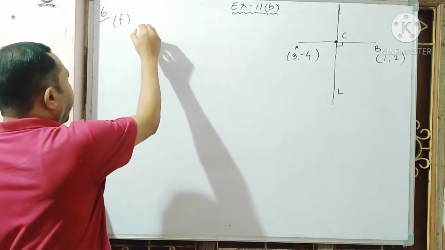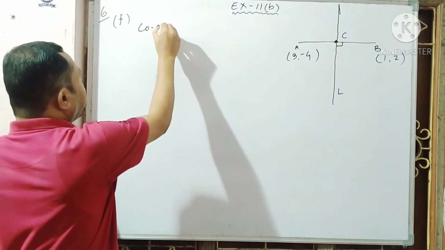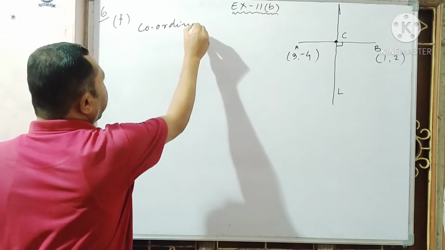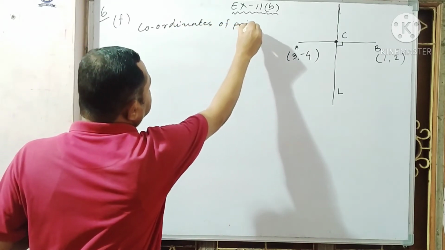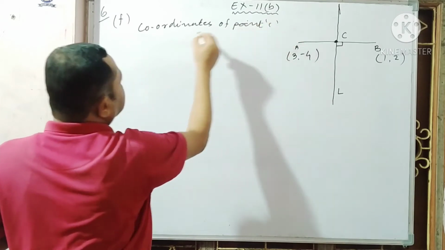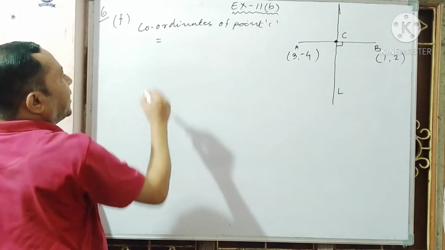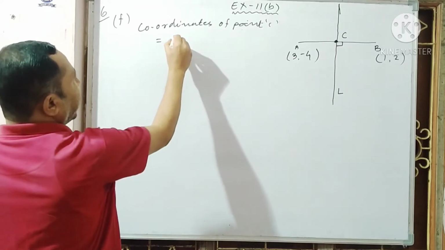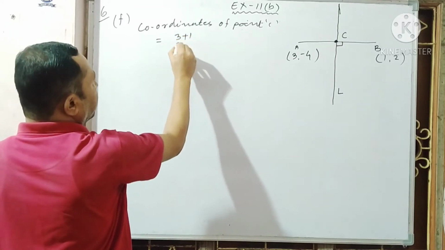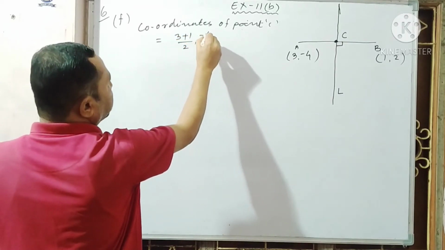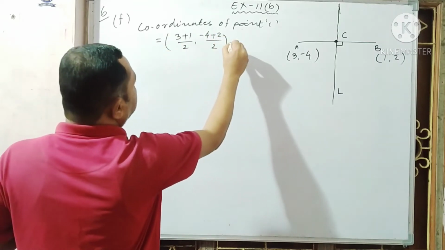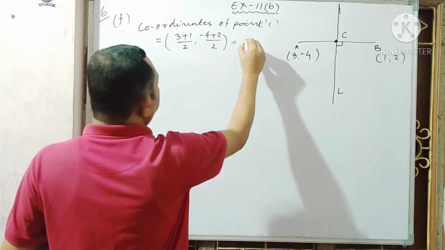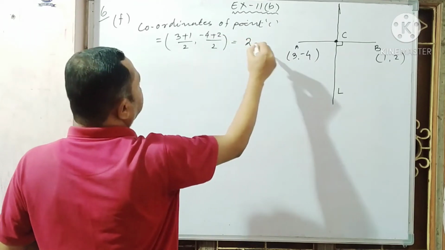So coordinates of point C, that is the midpoint of AB, which is given by 3 plus 1 by 2 and minus 4 plus 2 by 2, which is equal to 2 and minus 1.